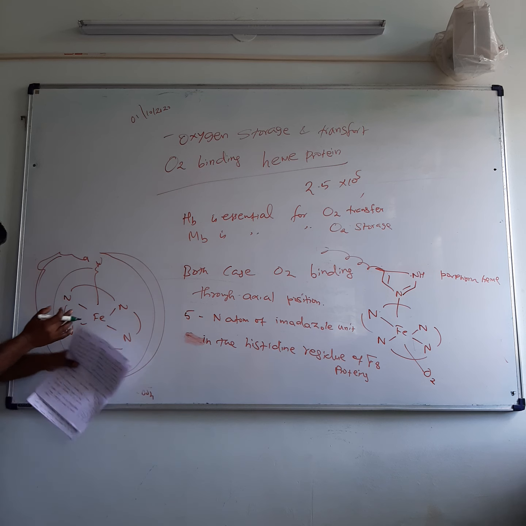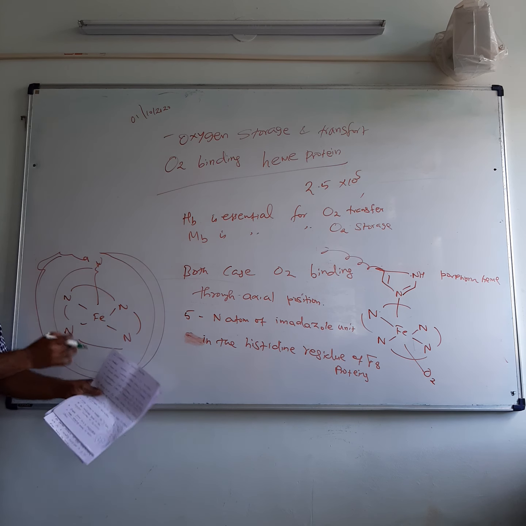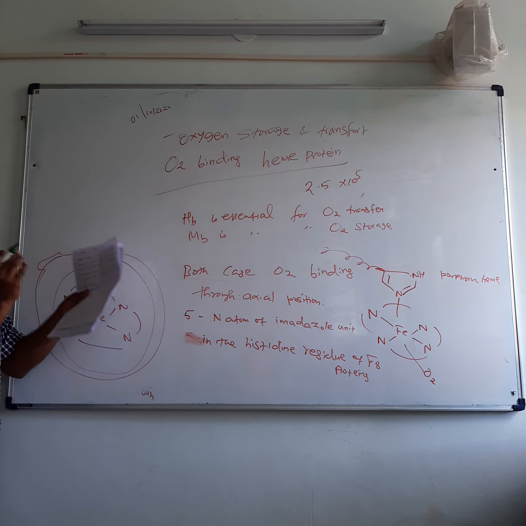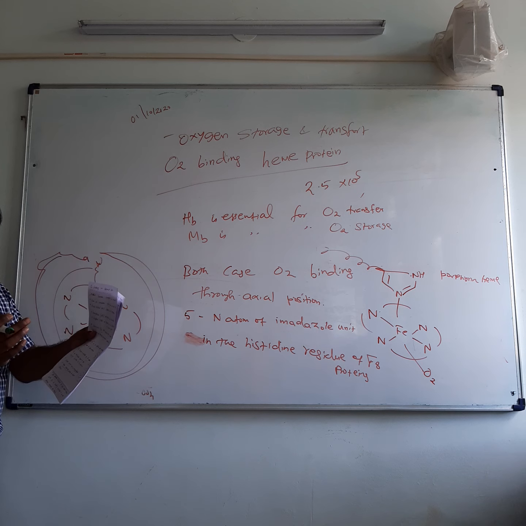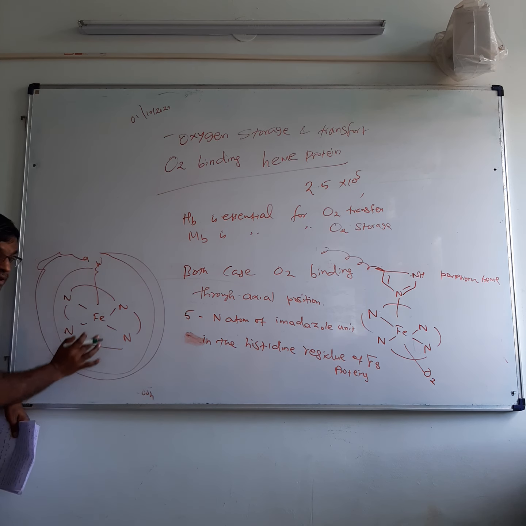Protein is nothing but amino acid derived hydrocarbons. That means it is a completely carbon hydrogen unit, so it is completely water repellent. So this protein unit is going to completely cover the heme unit, so that water cannot come and coordinate. Only oxygen can coordinate.